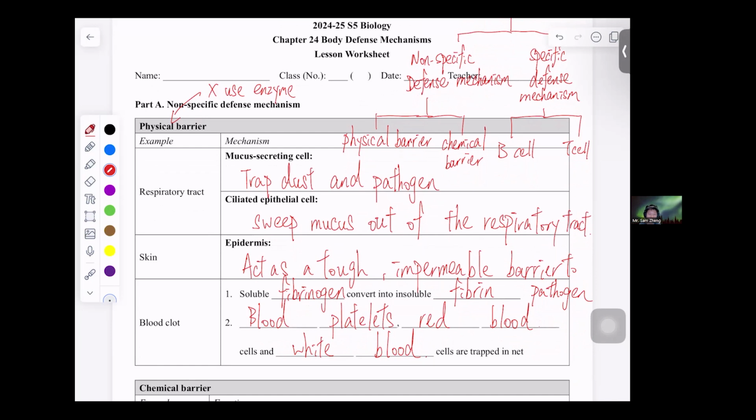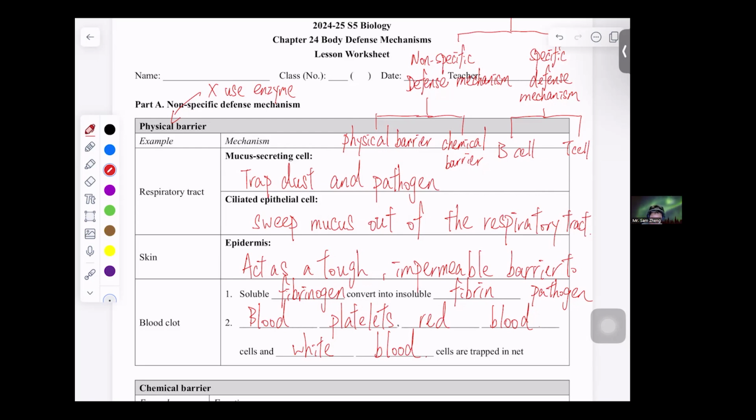The first one is the mucus secreting cells, which mainly trap the dust and also the pathogens. On the other hand, we also have the ciliated epithelial cells, which have cilia, and they will sweep the mucus out of our respiratory tract.